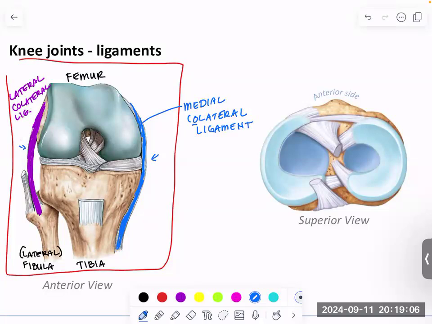Now there's the ACL and PCL. What do you think the A stands for? And the P? Posterior. All right. So this is where your patella would sit, and I know this because this is the patellar ligament. The patella has been removed so we can see inside of the knee.